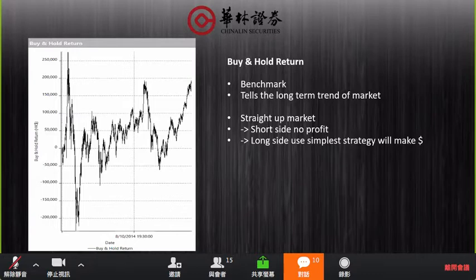This graph shows that if you apply a trend following strategy to the market in this situation, you will make a considerable amount of profit. But what if you are using a cycle mode strategy, which is more like mean reversion? If you are using a mean reversion strategy, you lose money in these 2 years, and when you look at this buy and hold, you will know what the mode of the market was at that period of time.